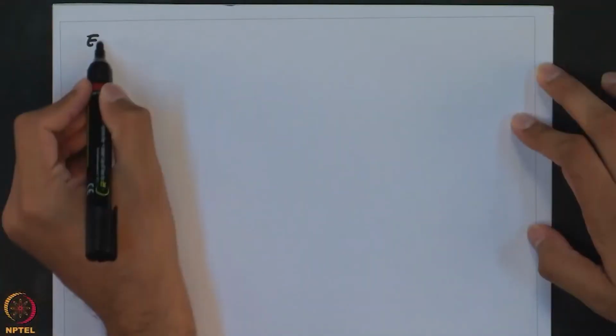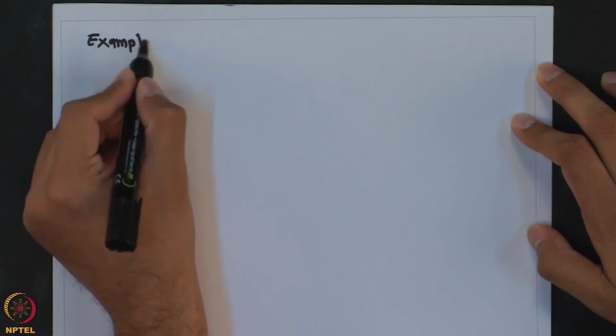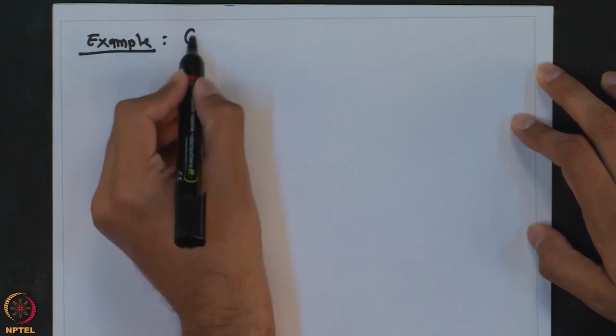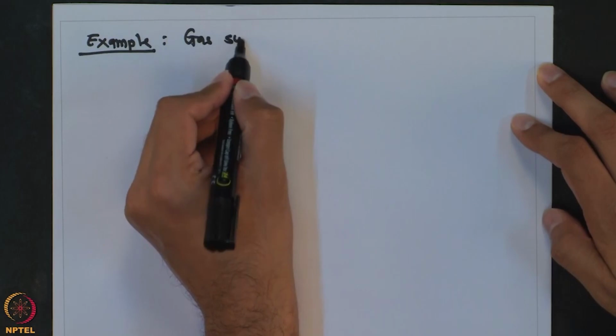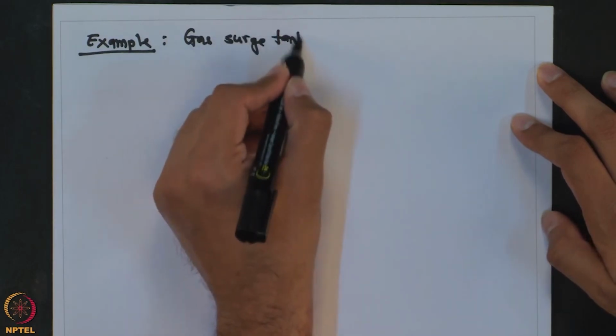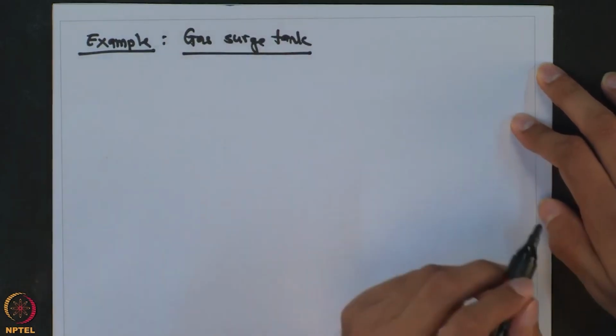In this week, if you are given any chemical engineering equipment, how do we go about designing feedback control on that particular process? Let us take an example of a simple gas surge tank. Most of the times we have seen a liquid surge tank.